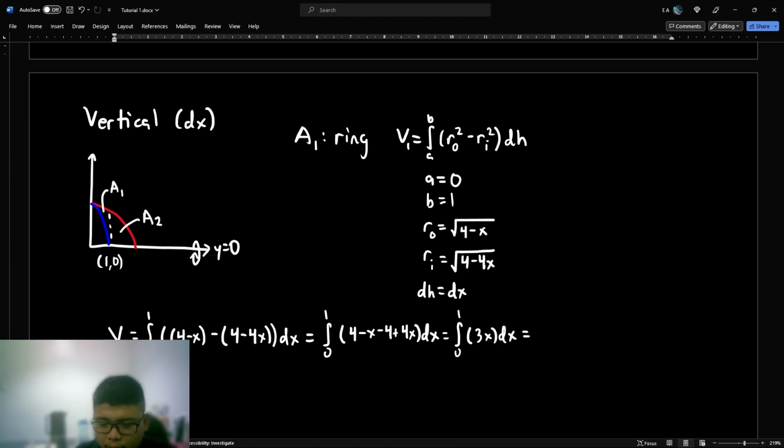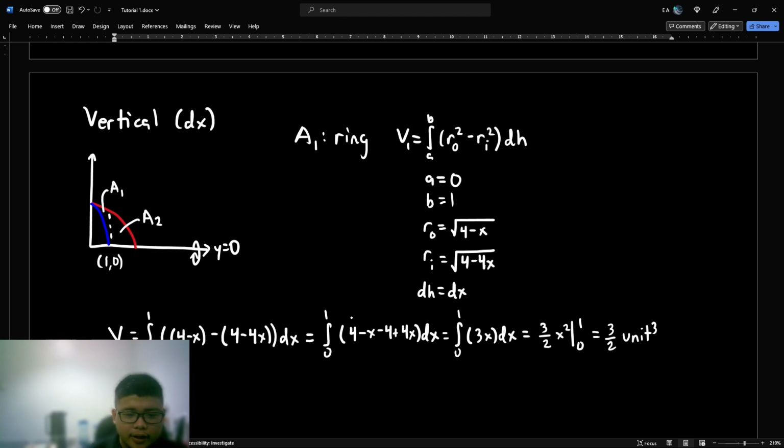Taking the integral, we get 3 over 2 x squared evaluated from 0 to 1. Since 0 is the lower limit here, we can just substitute 1 into the equation. So it becomes 3 halves cubic units.